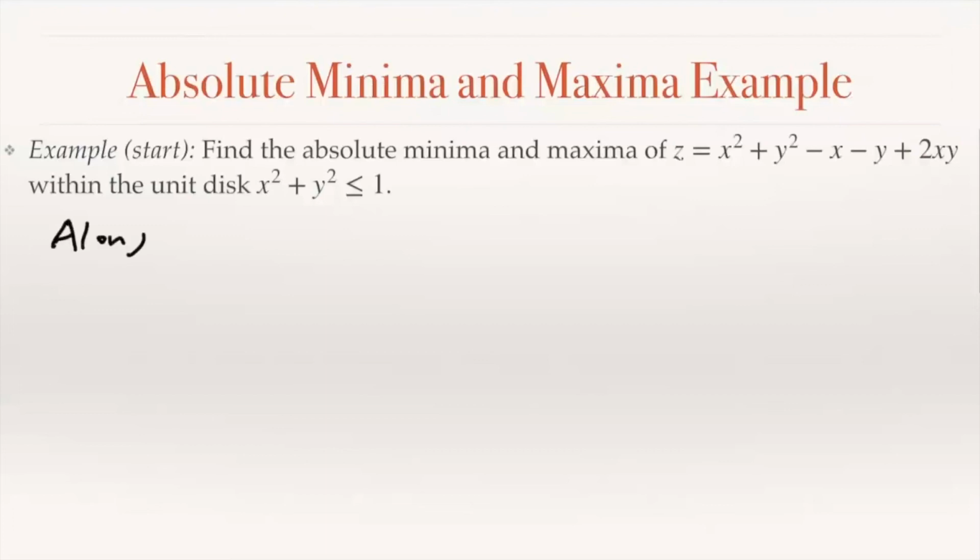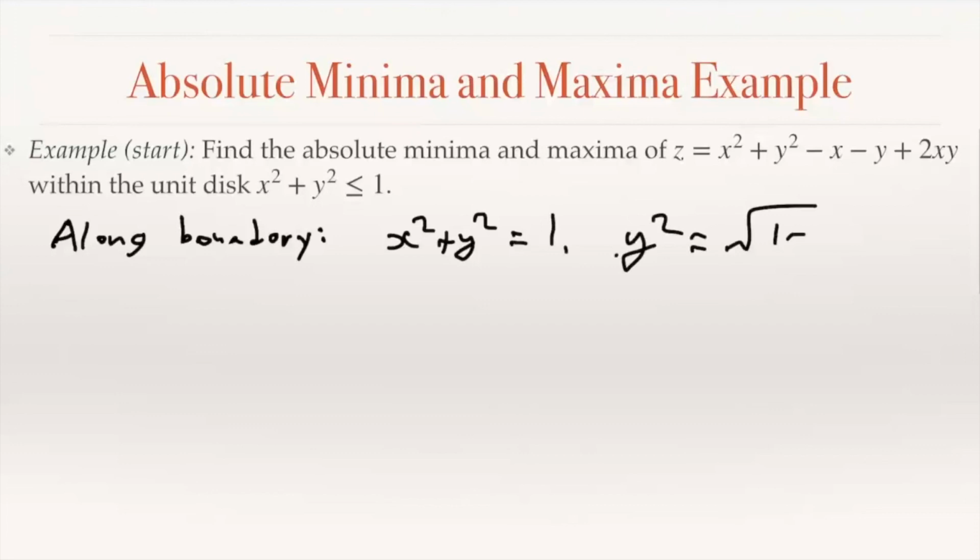Okay, well, so along the boundary, just to illustrate, that would mean that we have x squared plus y squared equals 1. That would mean that y squared is the square root of 1 minus x squared. And what we could then do is just substitute this whole guy in for y everywhere.